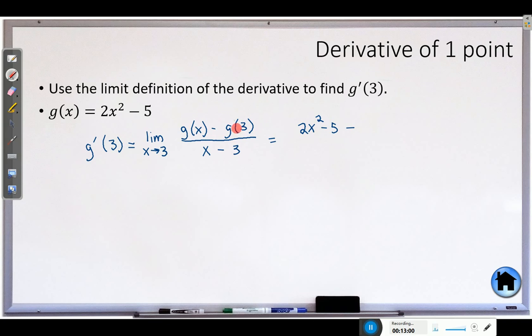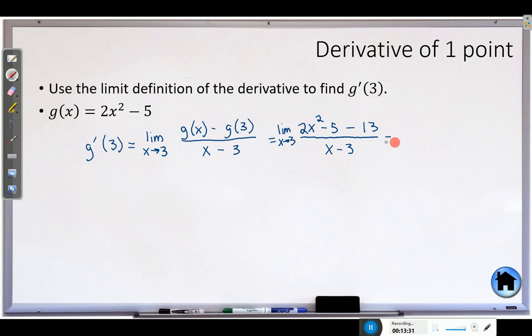What is g of 3? Well, if I plug in, 3 squared is 9, times 2 is 18. 18 minus 5 is 13. Divided by x minus 3. All right, don't forget that in front we still have the limit as x approaches 3. I have to keep going because I cannot plug in 3 yet.